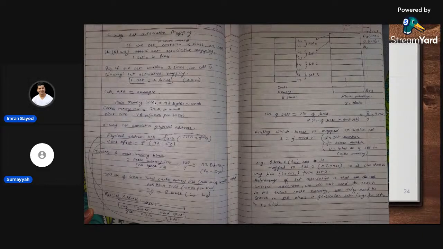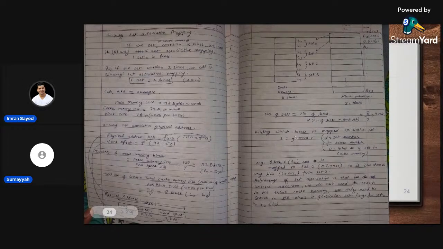So in this example, let's say the main memory size has 128 bytes, and the cache memory has 32 bytes, and the block size is 4 bytes. Like each of these blocks is 4 bytes. So for the two-way set associative mapping, the total number of memory blocks will be main memory size, which is 128 bytes, divided by each block size, which is 4.